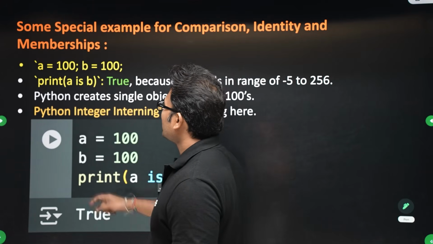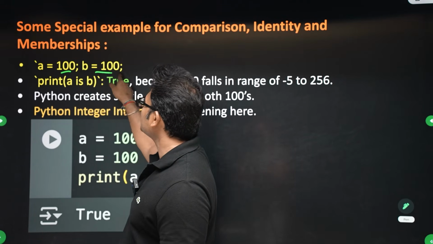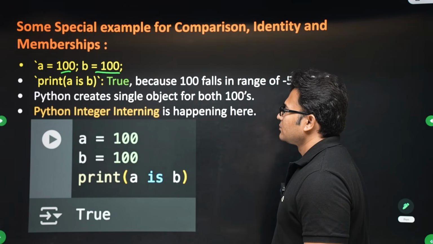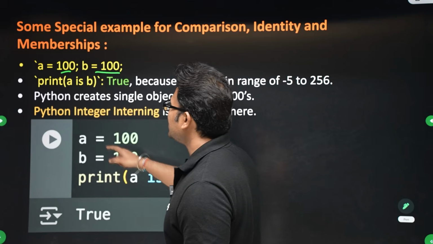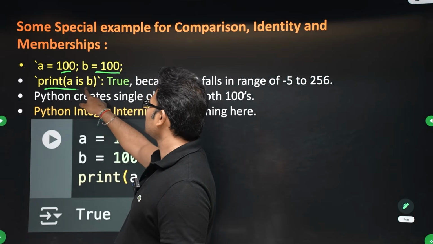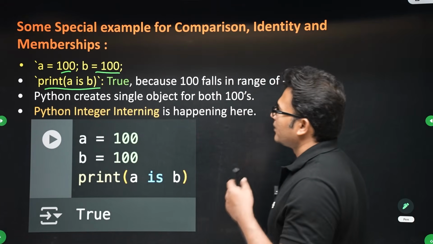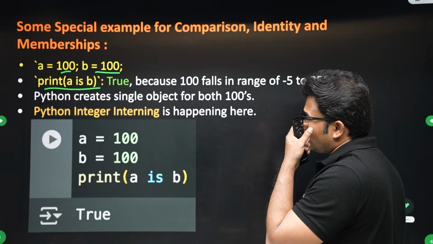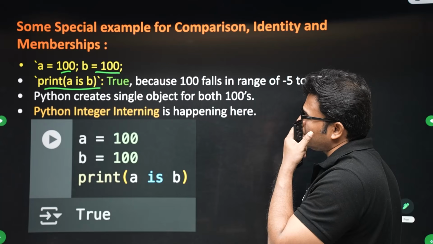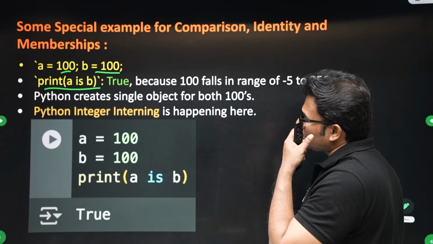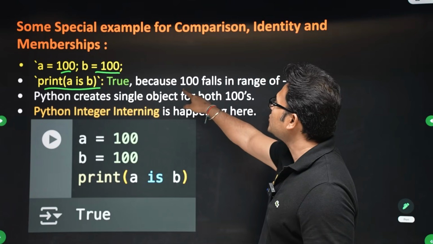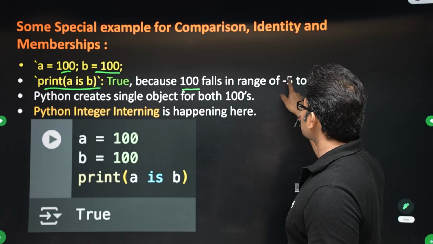Now A is 100, B is 100. Print A is B is given. Now what happens? So here interning will happen because 100 falls in the range of -5 to 256.